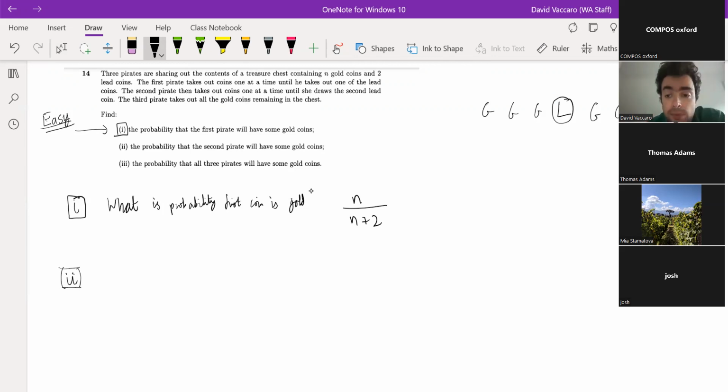Part II is a little bit more subtle. It says, what is the probability that the second pirate will have some gold coins?